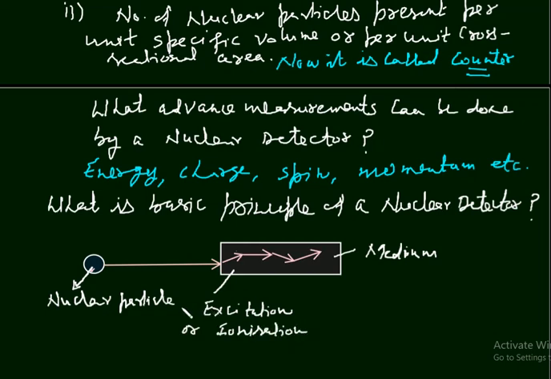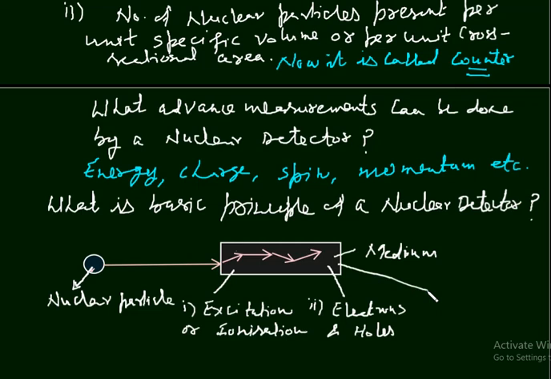Right? Second is, if this medium is a semiconductor medium, then this nuclear particle may create electrons and holes. Okay, this is the first and this is the second one.